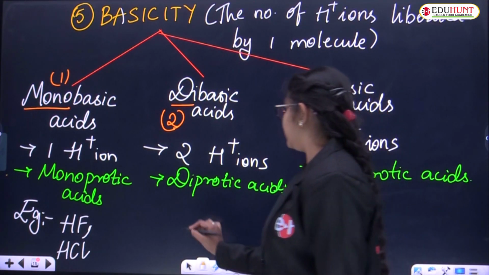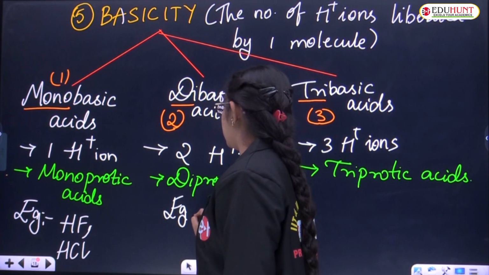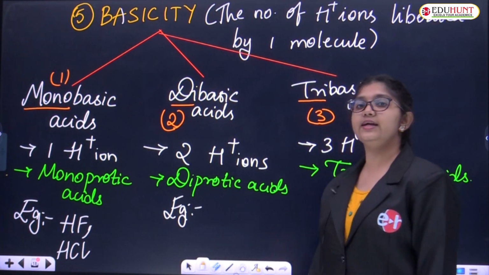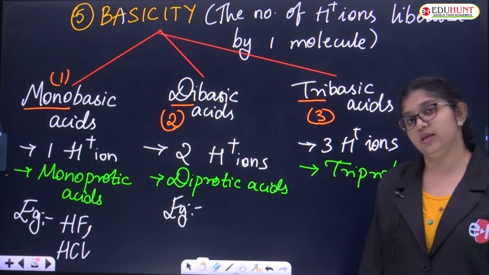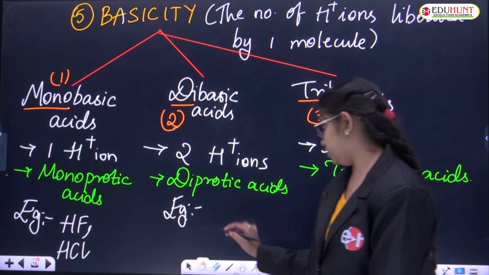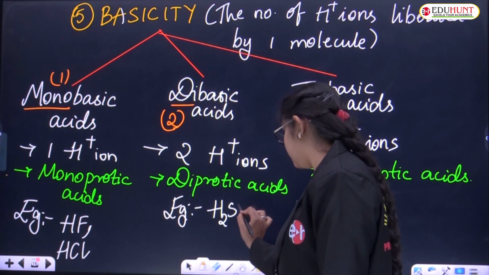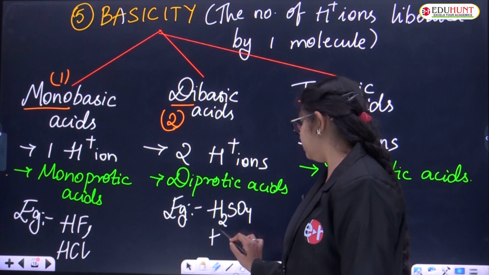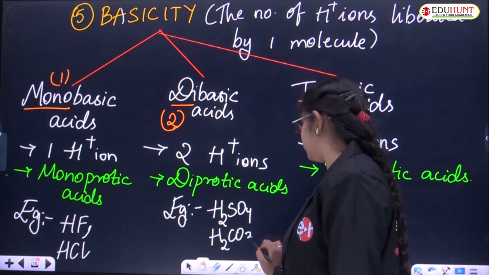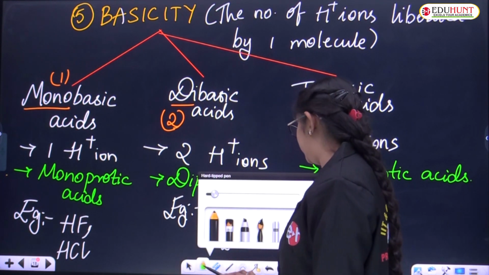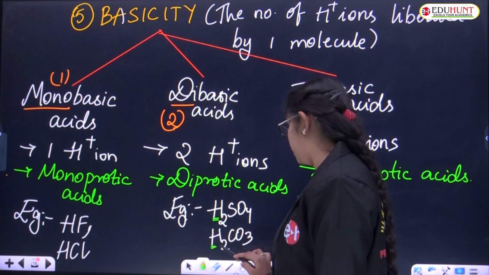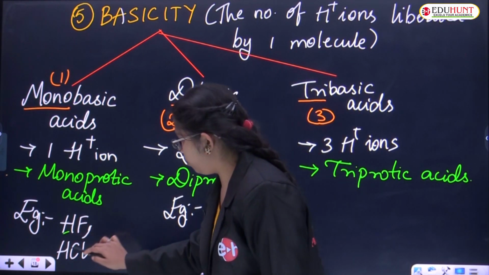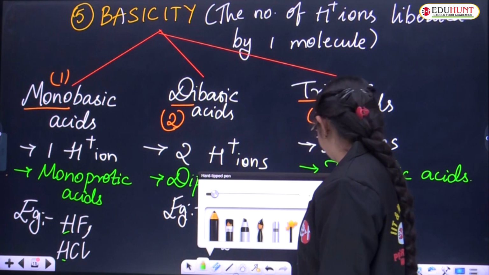Here it is di, which means it should contain 2 H plus ions liberated by one molecule. We can write H2SO4, sulfuric acid, and any other, children? H2CO3, because they contain how many? 2 hydrogens. What about here? 1 hydrogen. Very good. Clear?